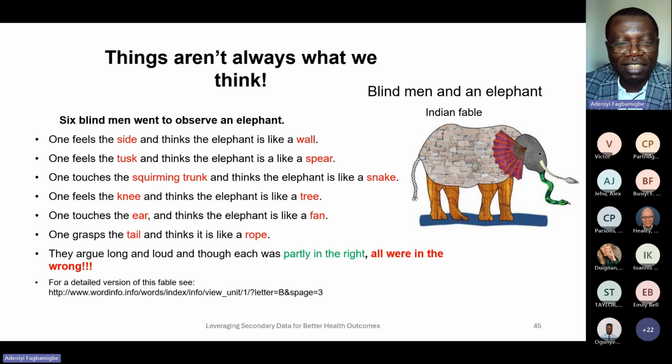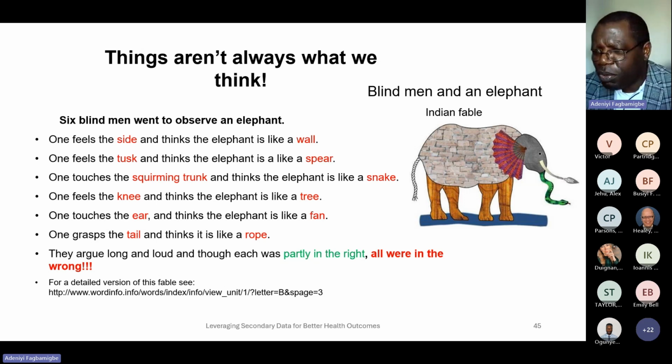With different parts, and six men with challenges with their sight were told to say what the thing is they are touching, and of course, everybody would say whatever their hand touches. So one touched the side of the elephant and said this is a wall, and that one touched the ear and said this is a fan, and so on and so forth.